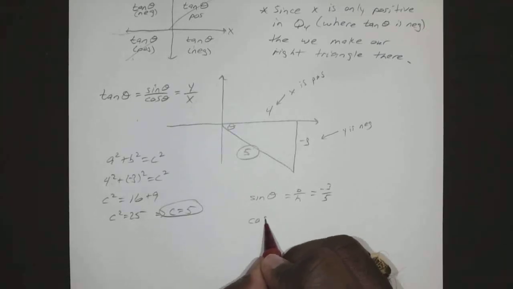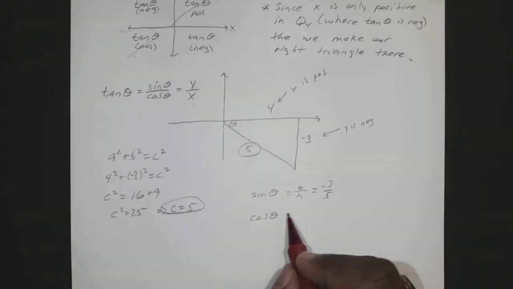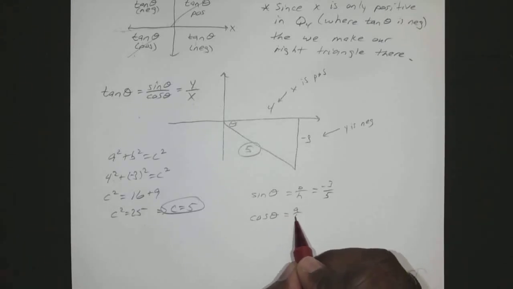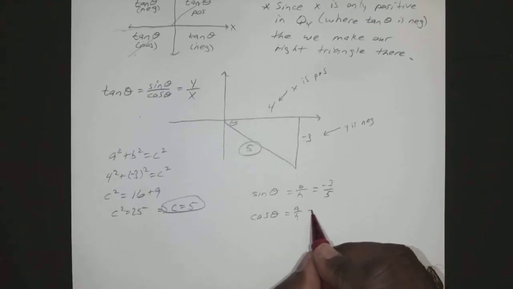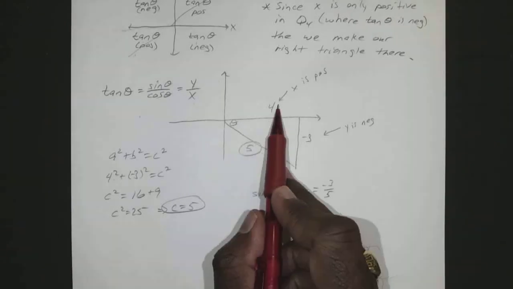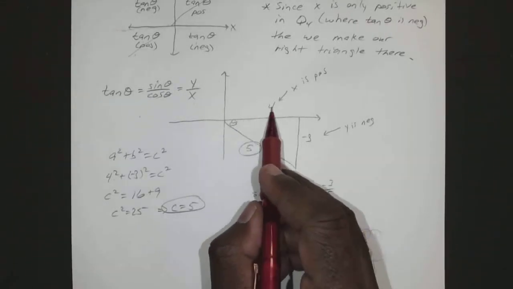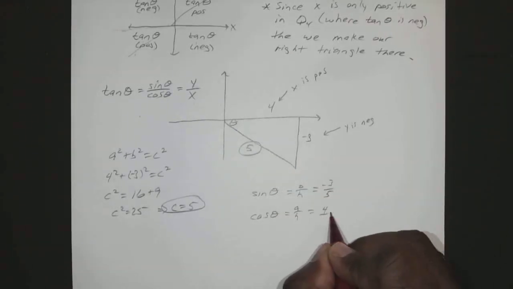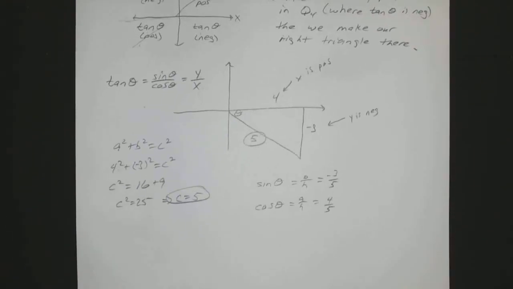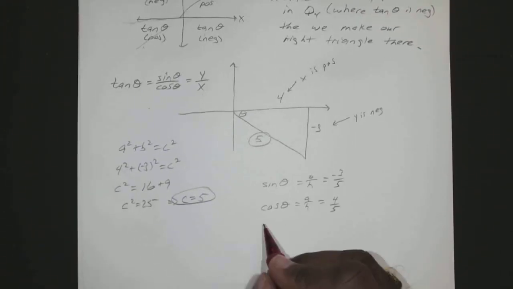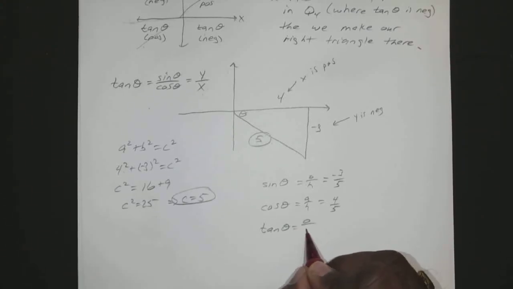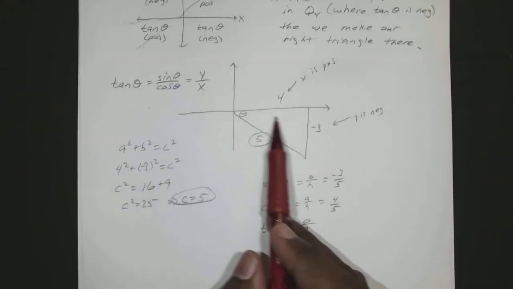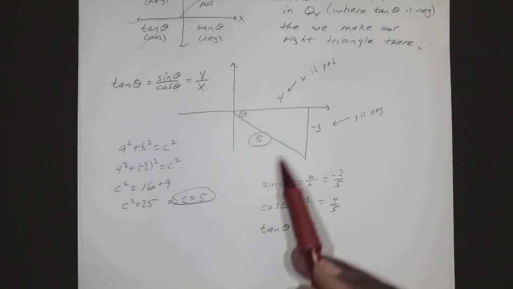Our cosine of theta, which is adjacent over hypotenuse, is 4 over 5. And our tangent of theta, which is opposite over adjacent, is negative 3 over 4.